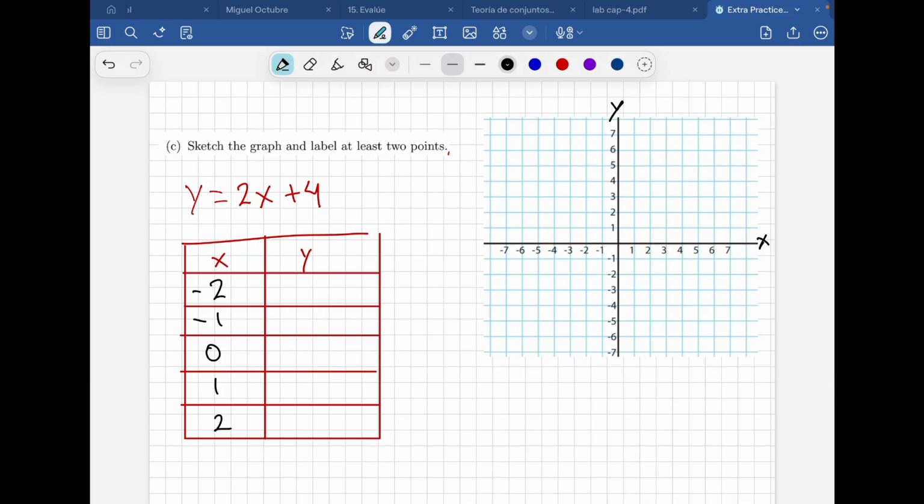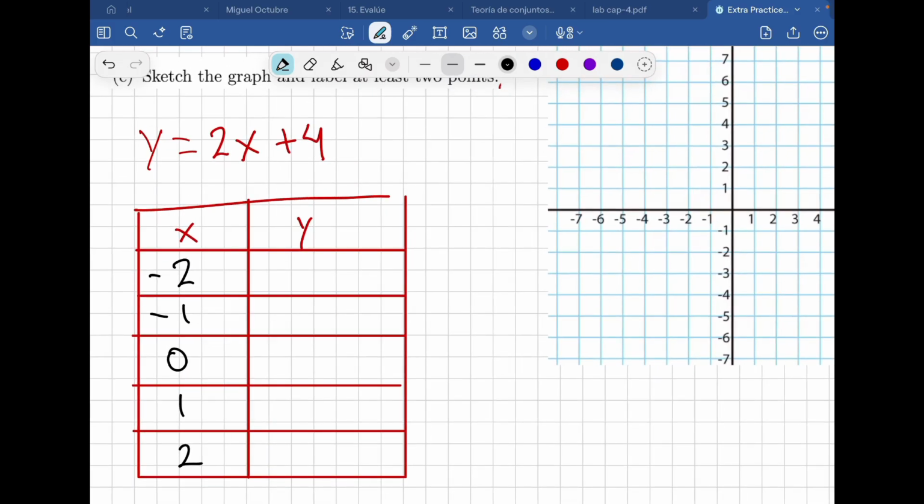So here we need to find the value of the function. When the x is -2, we have 2 times -2 plus 4, and this is -4 plus 4, so this is 0.